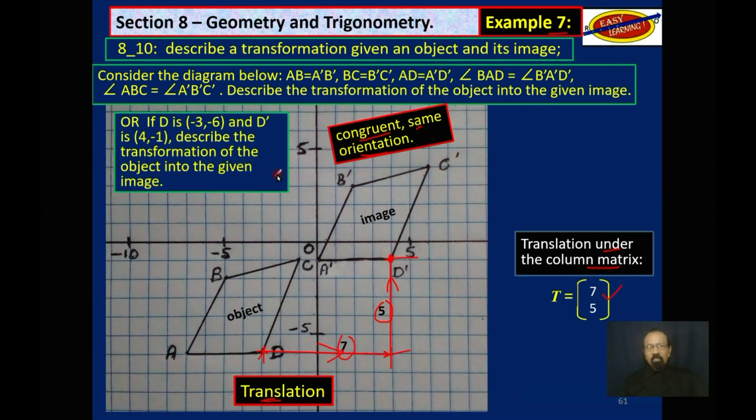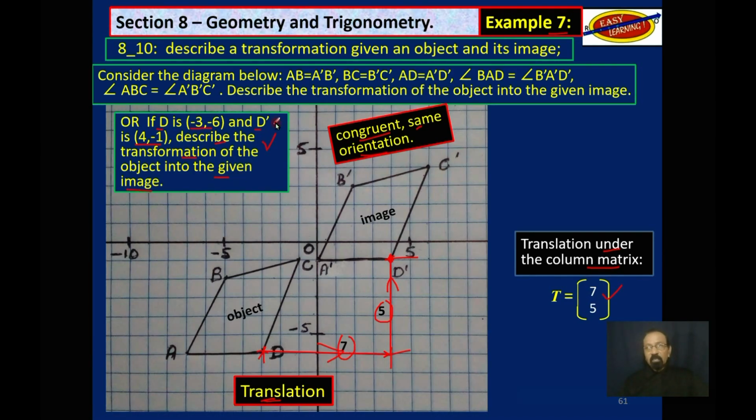If you are asked to do that without the benefit of a graph, and you are given this data here and told that a point D on an object is -3, -6, and its corresponding point on the image is D prime 4, -1. Describe the transformation of the object into the given image. And you're also told that the transformation is a translation.